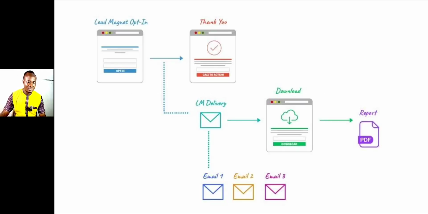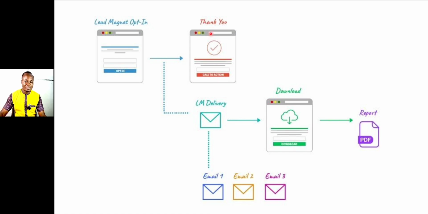Now take a look at this diagram. This is practically the email marketing funnel pattern, right? So you have your lead magnet in your opt-in page, and then when people give you their email and their name, it is going to take them to a thank you page that contains certain information.